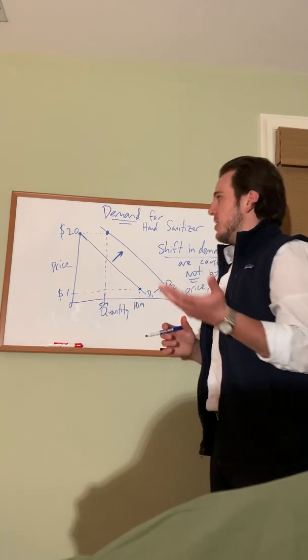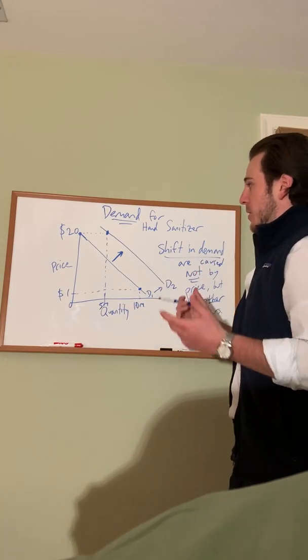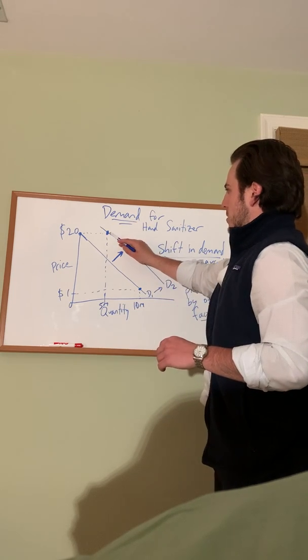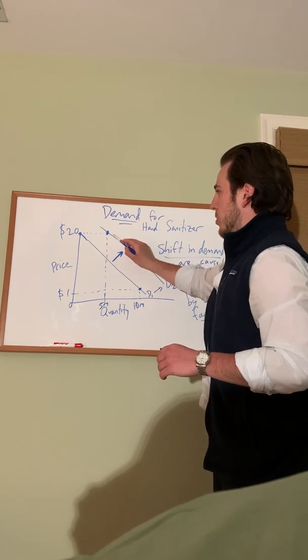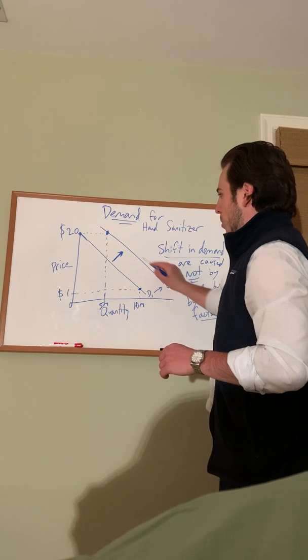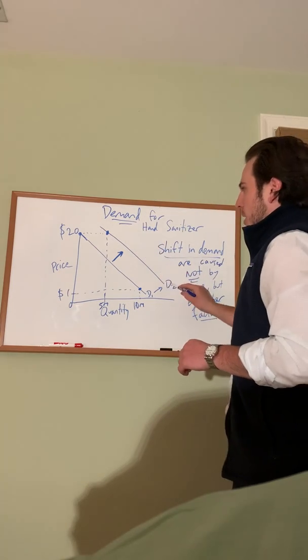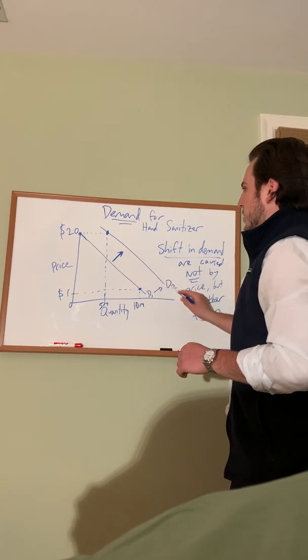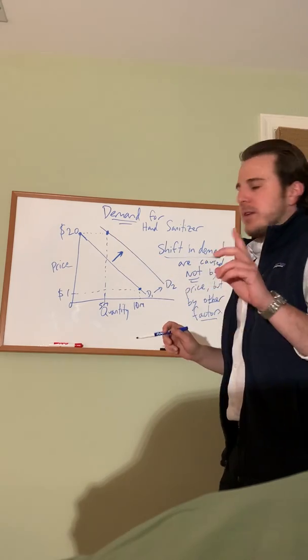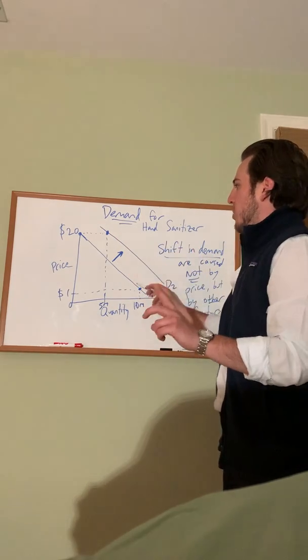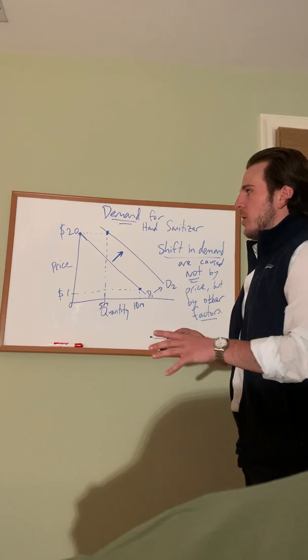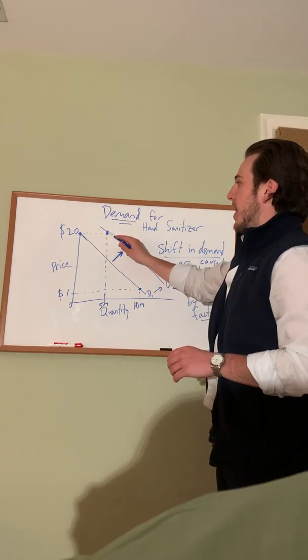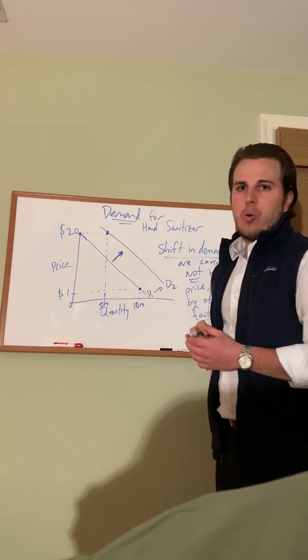And this actually was happening on Amazon, maybe still is, okay? And of course, if you lower the price, you're still going to get even more buyers for your hand sanitizer, but you're operating on a completely new demand scale than before. The entire demand shifted, and people are willing to buy the good at a higher rate at every single price point.